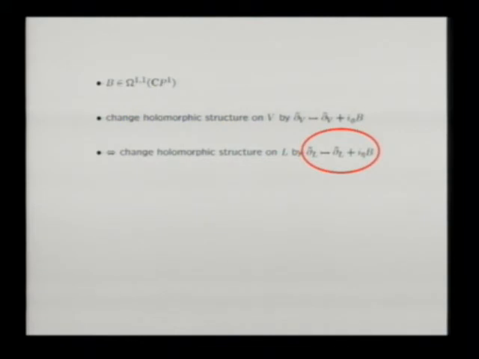But I can equally do that by pulling back B to the total space of the tangent bundle, contracting it with this tautological section, and taking the vector bundle obtained by the direct image sheaf of a line bundle L, where I change the d bar operator on L by adding on this 0-1 form.